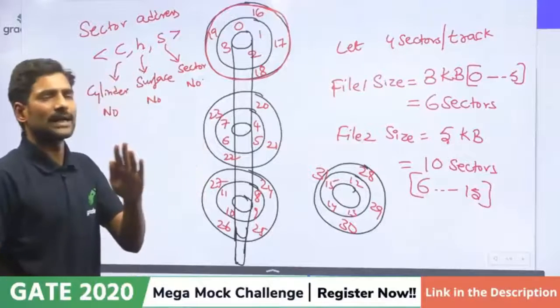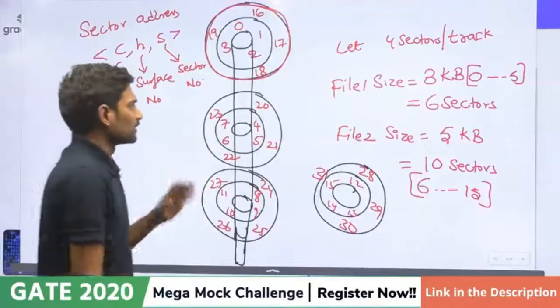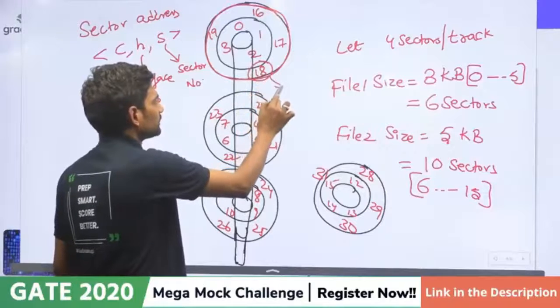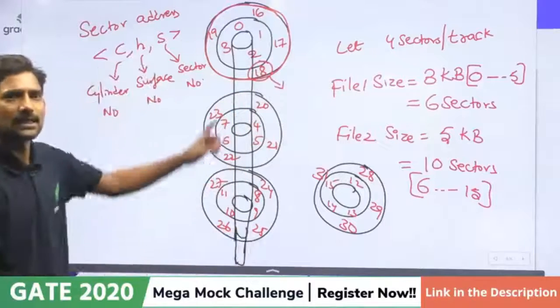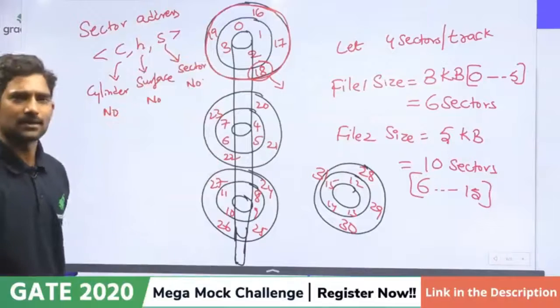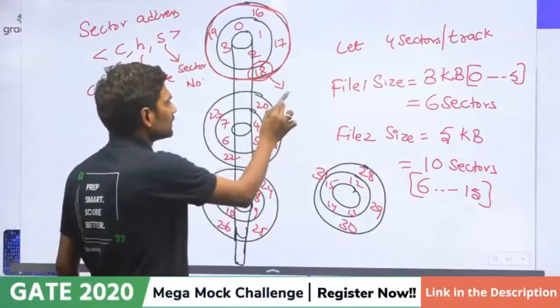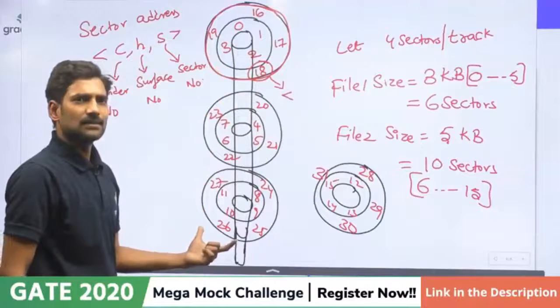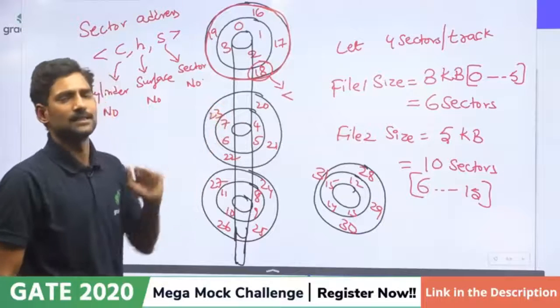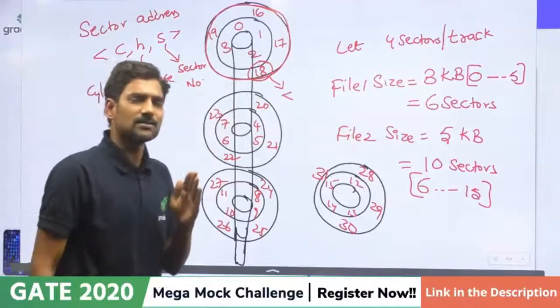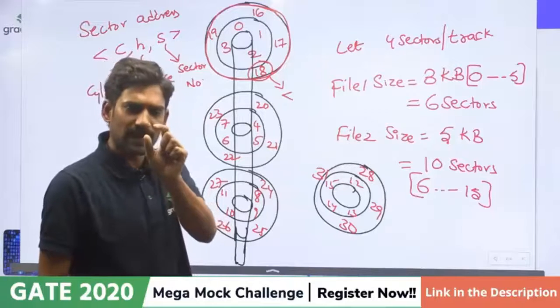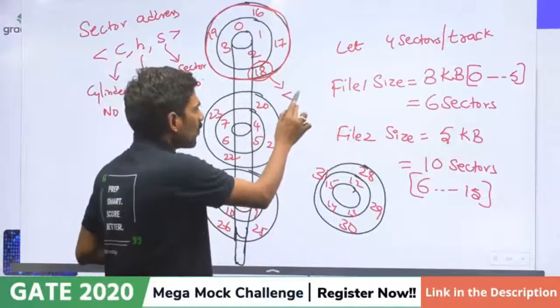So if I would like to write the address for, let us say, sector 18, how will I write it? C. It is in which cylinder? It is in the second cylinder. Numbering starts with 0, so the second cylinder will have what number as C? 1.